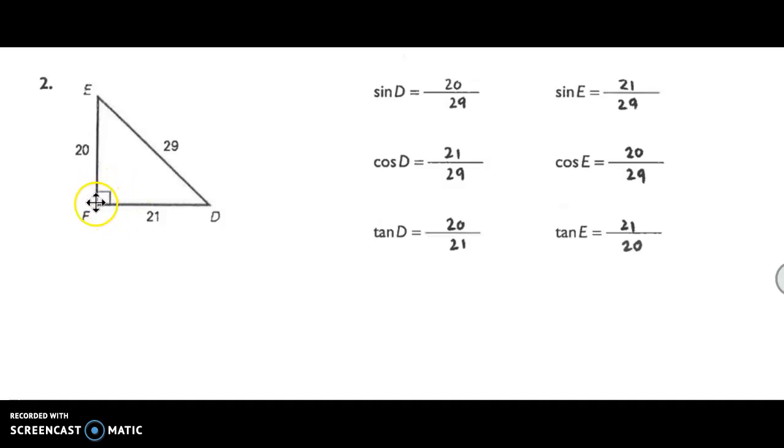But if you do sine of F, well, what's the side opposite of it? It's just the hypotenuse, right? So we look at the acute angles, the non-90 degree angles, all right? So yeah, take a look at these ratios here. Okay, notice that I skipped example number 1.